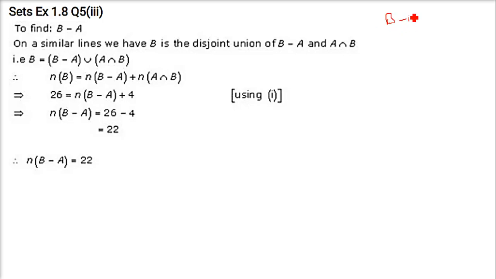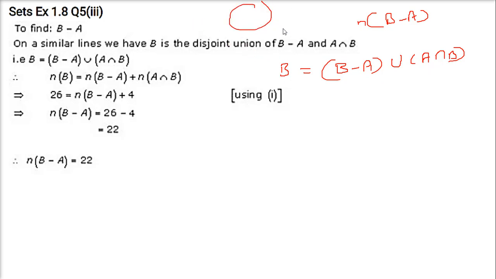Then we do the same thing with B minus A. How are we going to write B? B will be equal to (B minus A) union (A intersection B). These are two disjoint sets, as I just showed you. So this is A and this is B. What is B minus A?